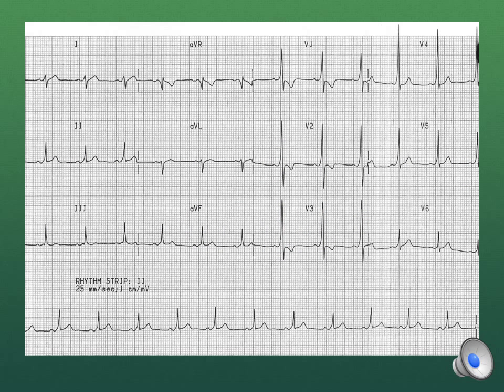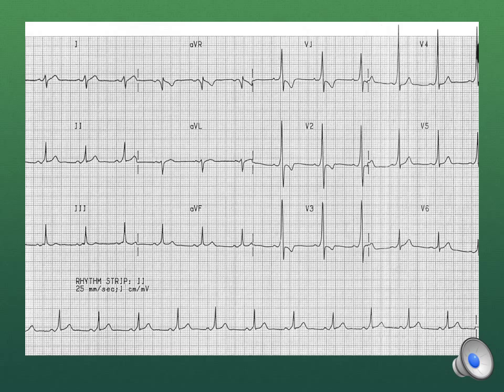All right, here we have an example of what we were just talking about a little while ago. We have a regular rate, a regular rhythm, the rate's about 75 beats a minute. The QRS complexes are mildly widened. We have a normal P wave with a short PR interval.